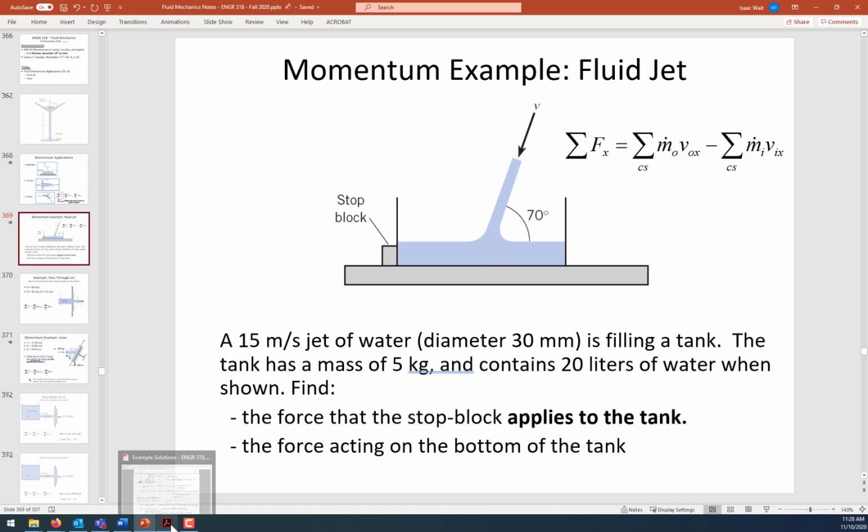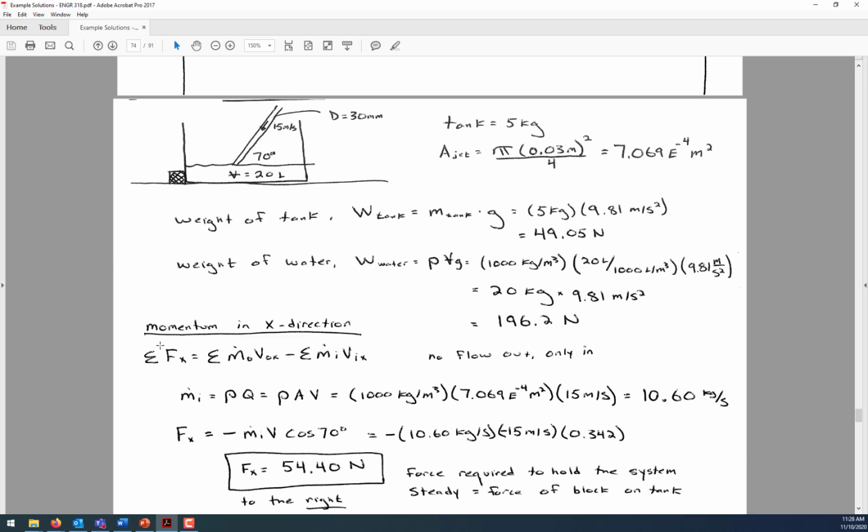And so if we go back and look at this momentum equation in the x direction, in y, the sum of the forces in y is going to be similar to how we set it up, because there isn't going to be any outflow term. And so the overall equation, we just exchange x for y. So the sum of the forces in y is equal to the mass flow rate out, velocity out in y, minus mass flow rate in, velocity in y.